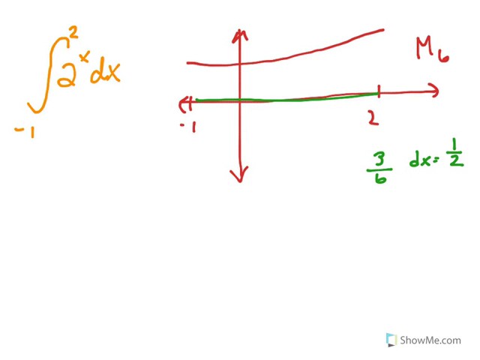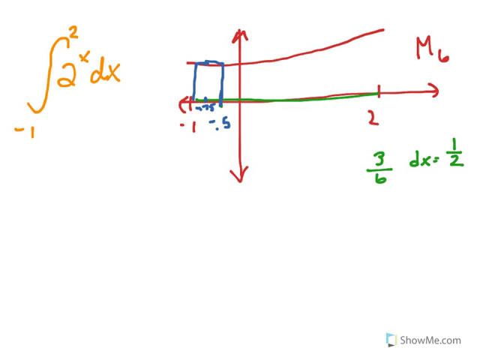So if I start at -1, I'm ending the rectangle at -0.5. But the value I'm going to use to determine its height is the midpoint of that interval. If it's 1/2 wide, half of that is 0.25, so the midpoint is going to be at -0.75 again, and that will give me my height for my rectangle.